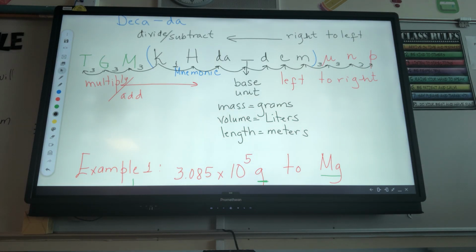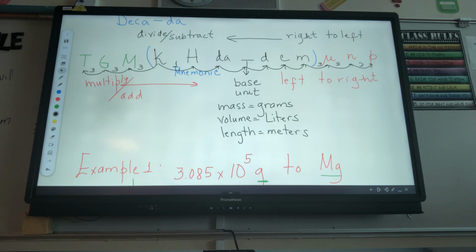Okay. Here in chemistry, we are working with matter. What is matter? Objects that take up space. Anything that takes up space, volume, and has a mass.